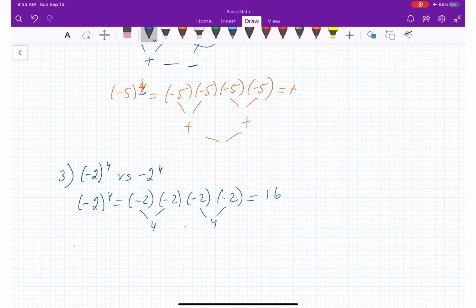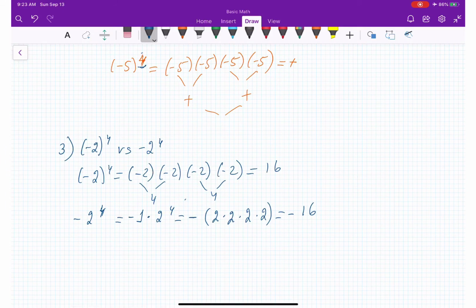Now let's do negative 2 to power 4, without the parentheses. That means we have negative 1 times 2 to power 4, which means this is negative, and 2 times 2 times 2 times 2 will be negative 16.